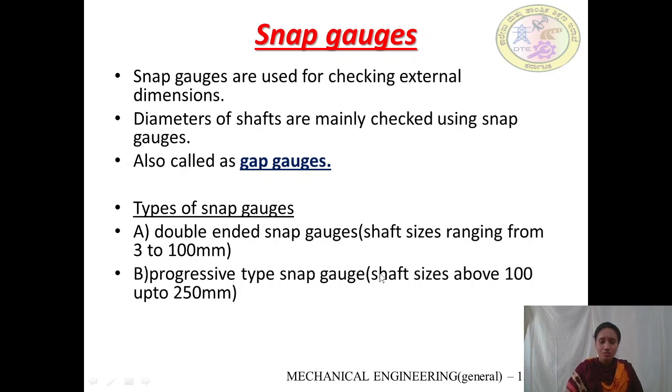This snap gauge is used to check the dimensions of shaft sizes above 100 mm and up to 250 mm. So the double-ended is for 3 to 100 mm, and the progressive is for above 100 mm and up to 250 mm. We can check the dimensions of the shaft.